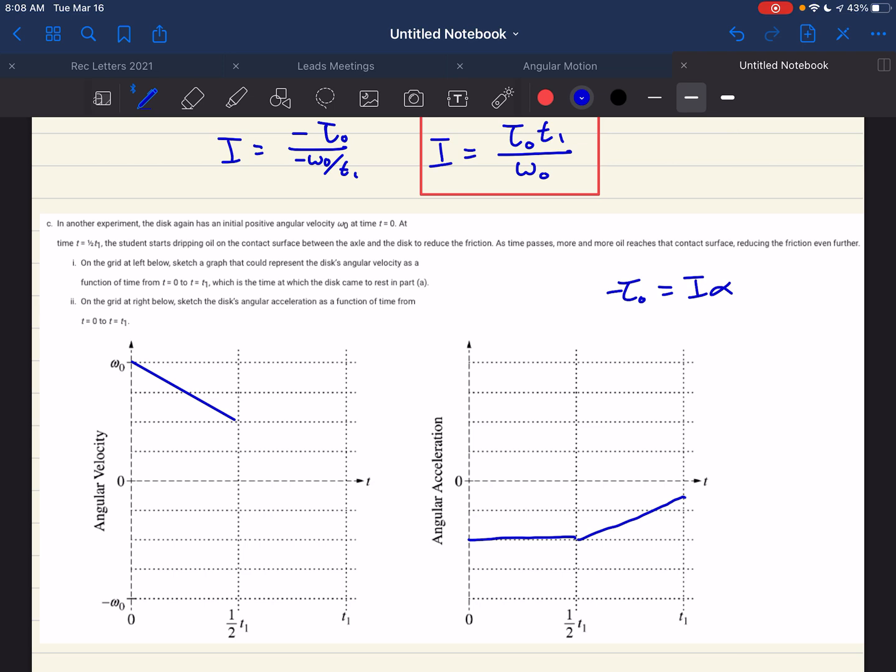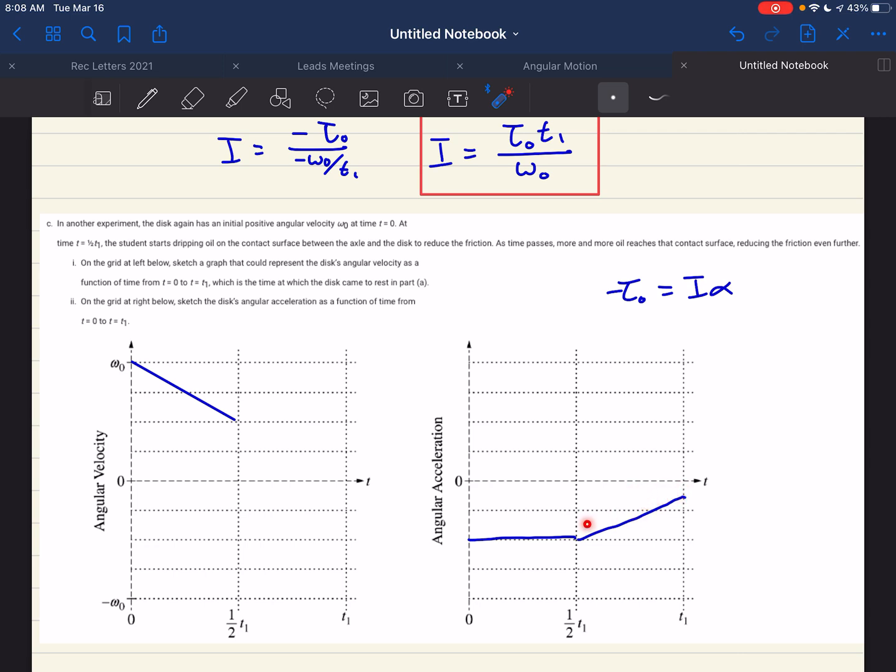I don't think we have enough information to really know whether this is going to be a constant slope, or is it going to sort of decrease over time. They don't tell us any information that would tell us whether this should be straight or not.